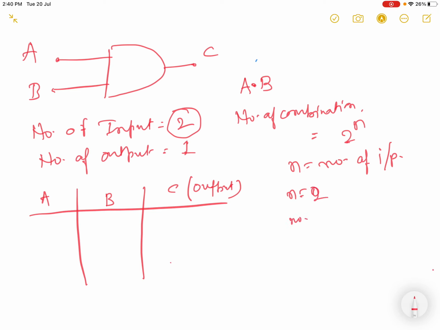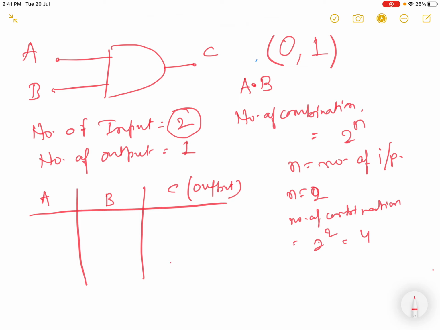Therefore the number of combinations will be 2 to the power 2, which is 4. So for this AND gate we have 4 combinations. As we know, there are only 2 signals, 0 and 1, for any digital circuit, so we consider only these 2.